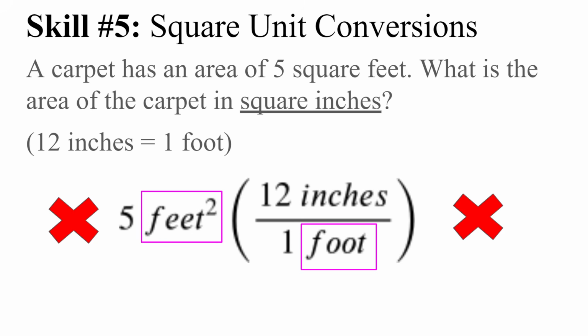So what we just did on screen, this is just a common mistake. This is not right. Do not ever do this. So there's something you got to do first, which is you have to change the unit conversion into square units. So they told us 12 inches is equal to 1 foot.